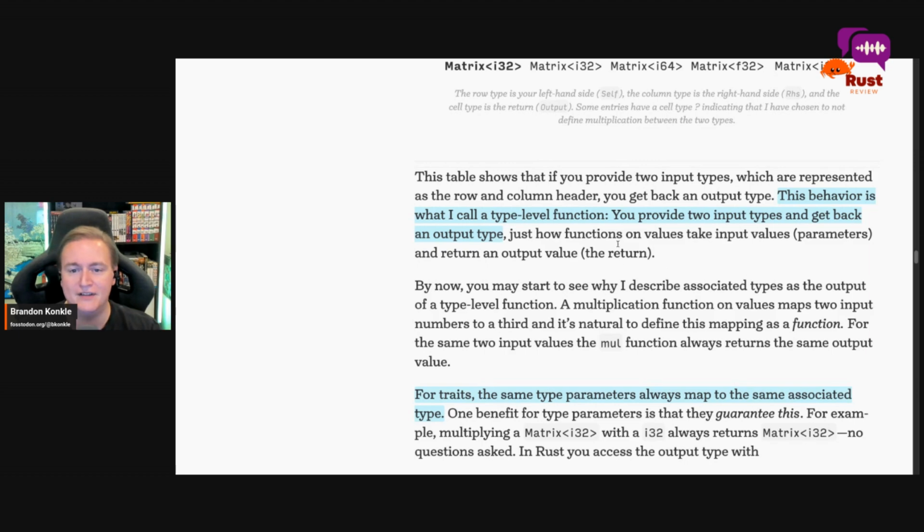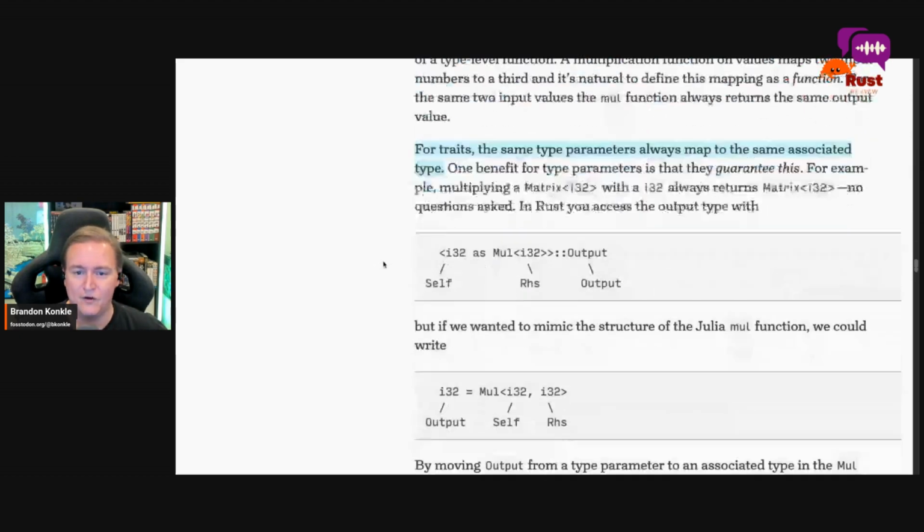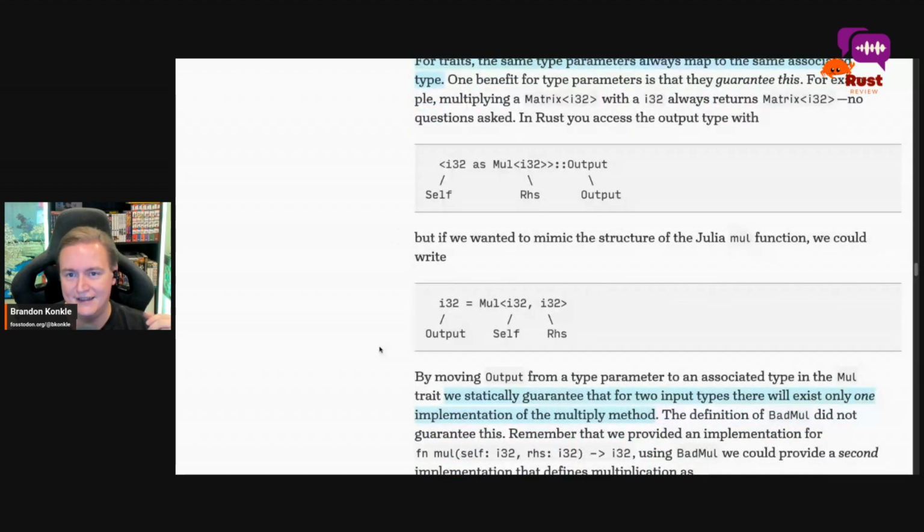So just how functions on values take input values, the parameters, and they return the output value, the return. This is input types, and you get an output type, which is the associated type here. So for traits, the same type parameters always map to the same associated type. That's what the distinctive is here.